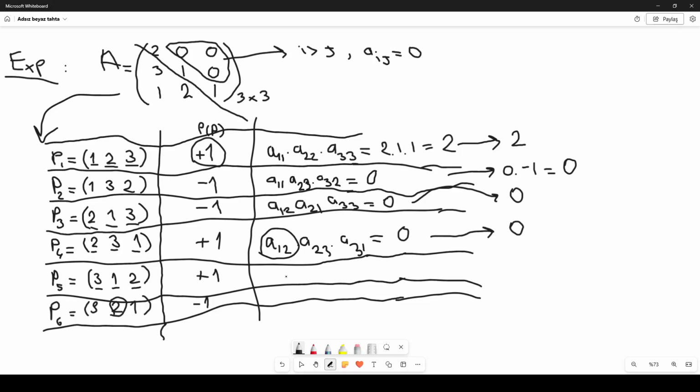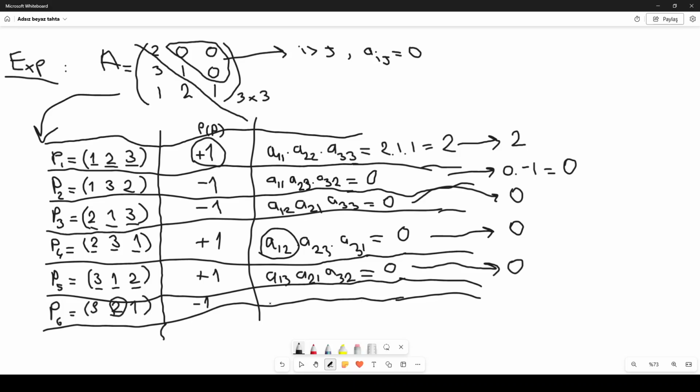How about permutation 5? We have A13, then A21, then A32. The good news is, if you look at the A13 component, it is again 0. If we have at least one 0 in the multiplication, then the result would be 0, and we don't need to be concerned about the result of the multiplication.